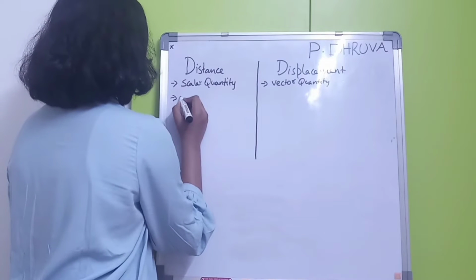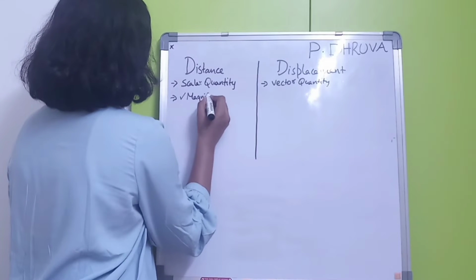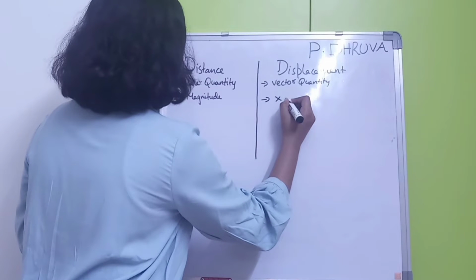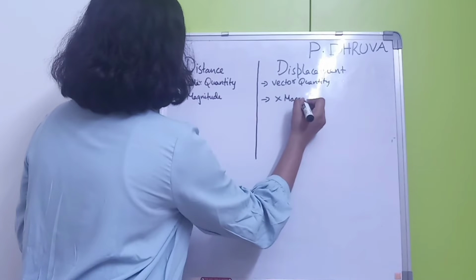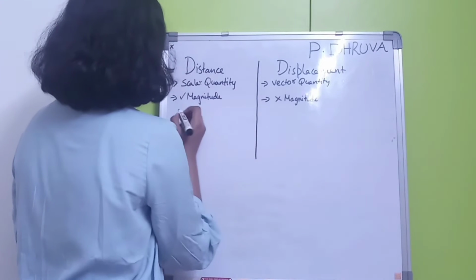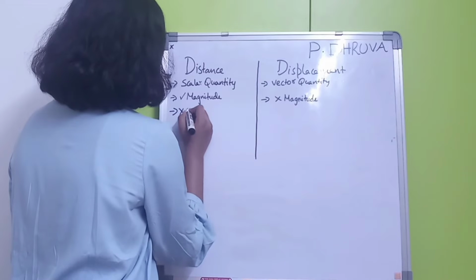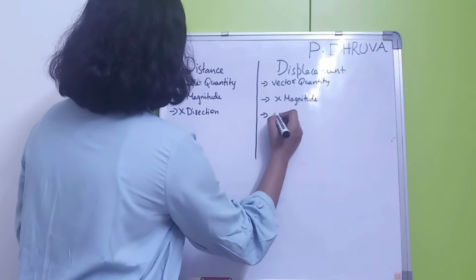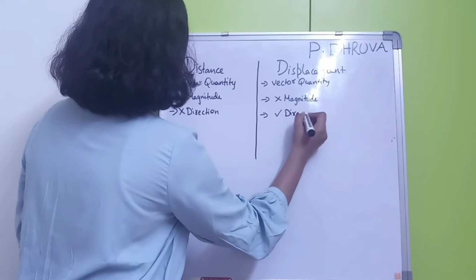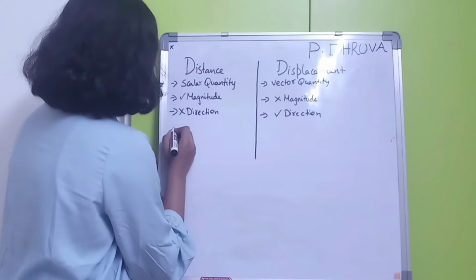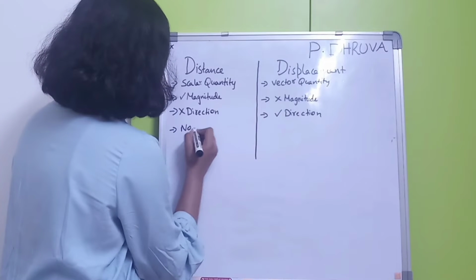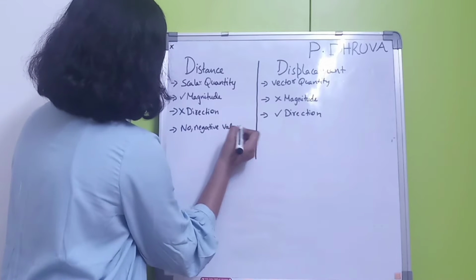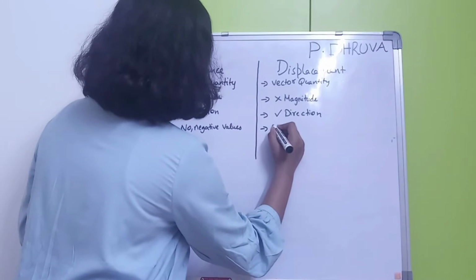Distance needs magnitude only. It does not need direction. Displacement needs direction. Distance has no negative values, whereas displacement has negative values.